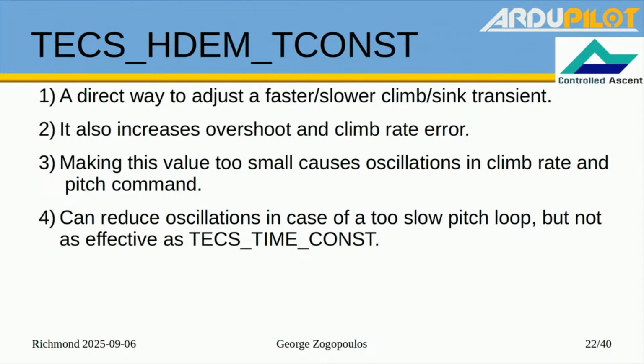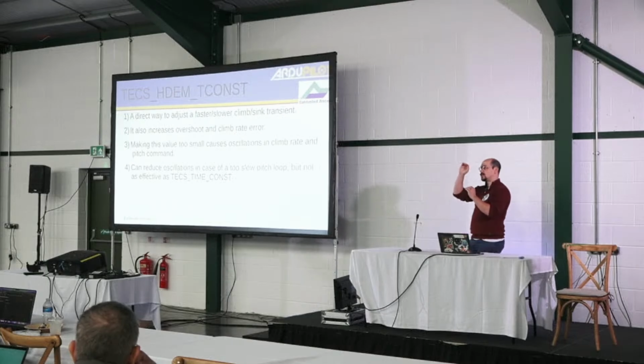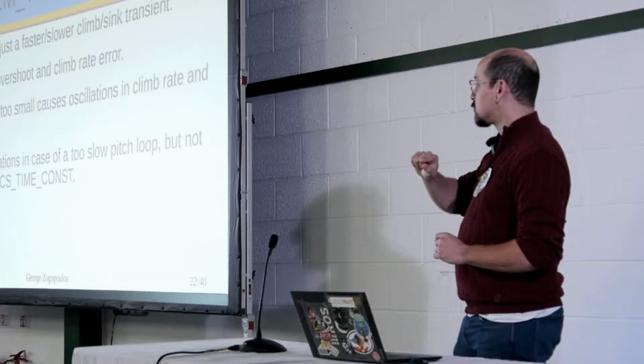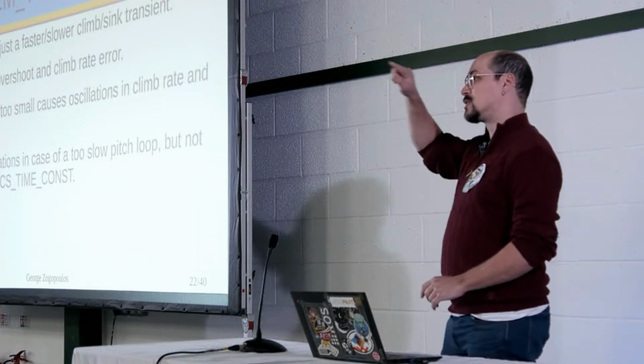So when you click on the map, in guided mode for example, and say go here at 200 meters altitude while you are at 100 meters, usually you get a ramp-like increase in altitude, but there are also cases, especially for small altitude increases or decreases, where TECS is commanded to immediately change its altitude target. And this is how fast or how slow this is going to change. Basically, how much that altitude step gets curbed.